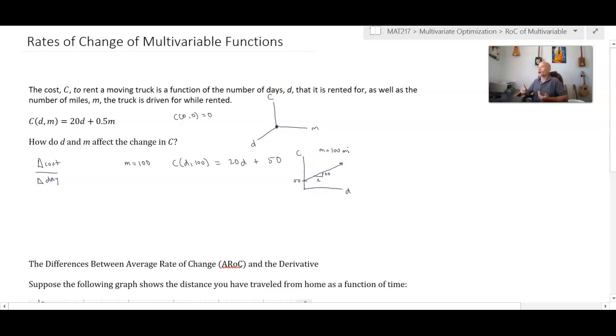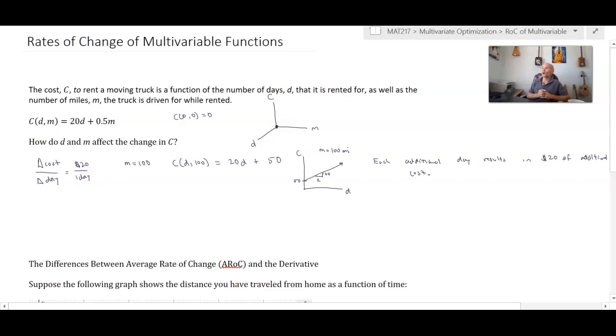So at this point I might say that each additional day results in $20 of additional cost. As I move 1 unit in the direction of D, I have to move up 20 units in the direction of C. Since D represents days and C represents cost in dollars, we're looking at $20 per 1 day.